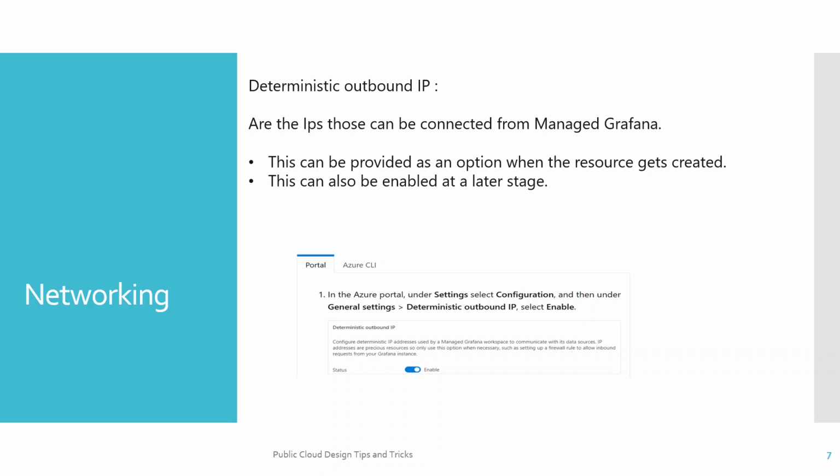So when you create managed Grafana, you will have an option where you can enable these deterministic IPs, where you can provide the destination IPs to connect to. I think by default it is disabled, but if you want to connect to a different service with IP information, then you can enable it at a later stage.